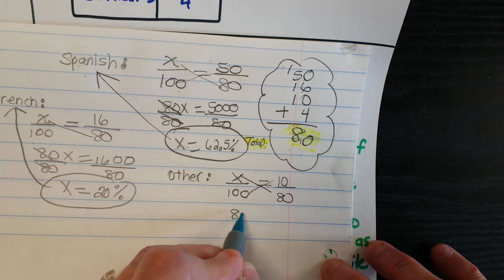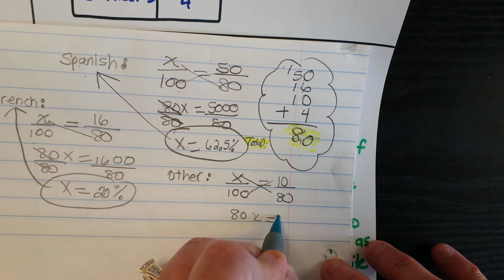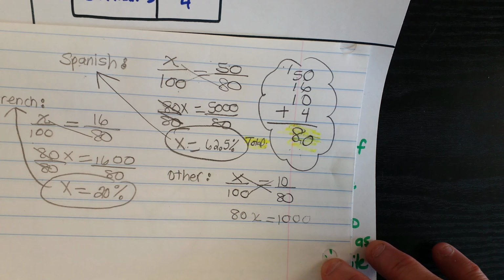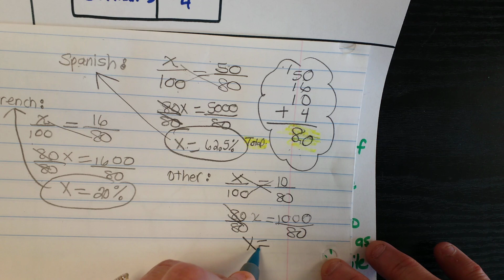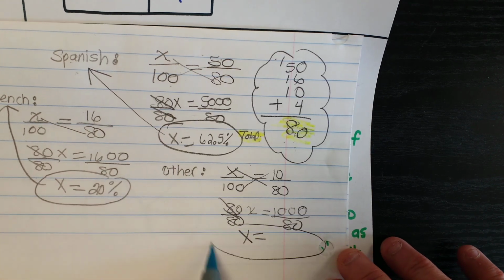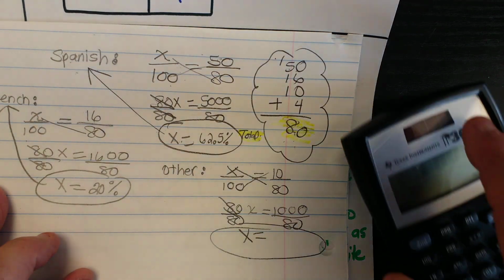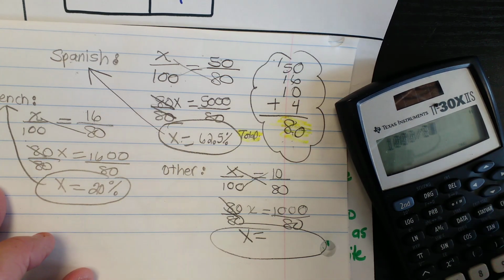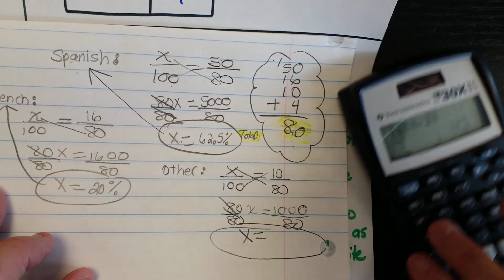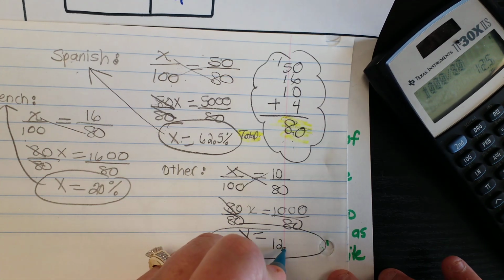We're going to cross multiply to get 80x is equal to 1,000. Now we're going to divide both sides by 80. All right, you've got the calculators, so do I. Let's get this typed in. We're going to do 1,000 divided by 80. And that's going to give me a little tiny 12.5%.